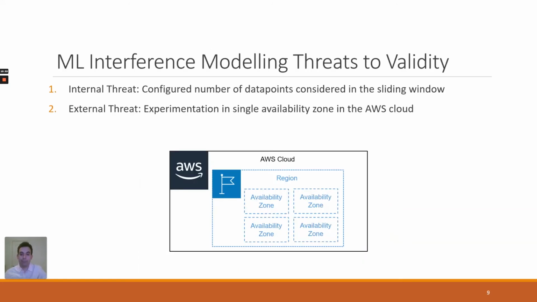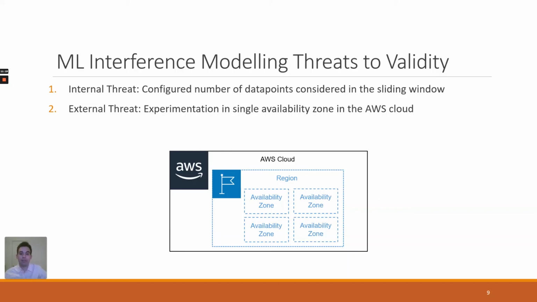We note two threats to validity for the ML interference modeling techniques. As an internal threat, if the configured number of data points considered in the sliding window is set too small, the mean absolute percentage error of our trained models may deteriorate. If it's set too large, model training may become too slow to keep up with changing environment dynamics.